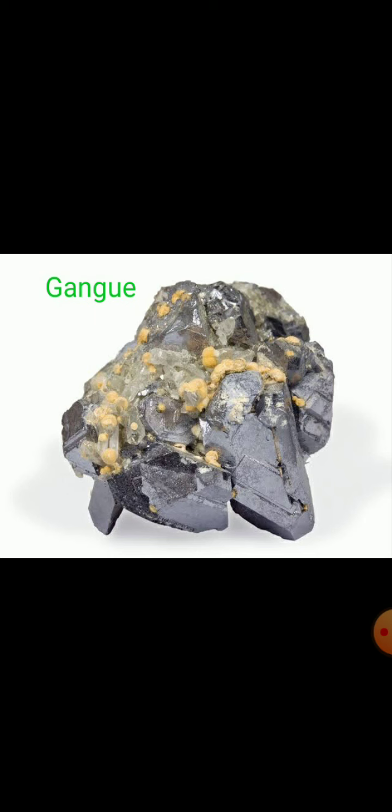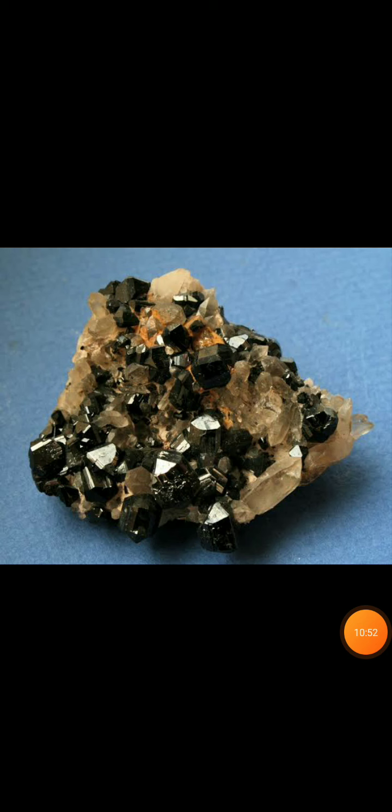Again, ores mined from the earth are usually contaminated with large amounts of impurities like sand and soil, and these impurities are called gangue. Please remember this. This is another picture of gangue. The impurities must be removed from the ore prior to the extraction of the metal. So before the metal is obtained, these impurities must be removed.